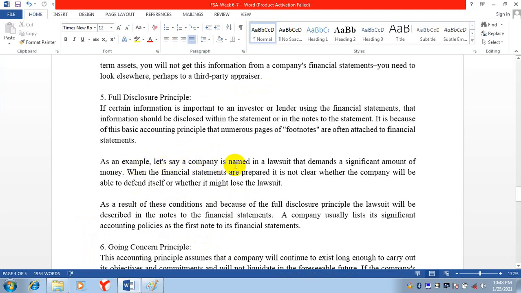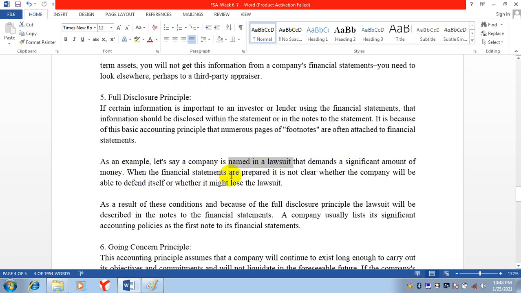Now here is an example. Let's say a company is named in a lawsuit. Suppose there is a case in the court against the company that demands a significant amount of money. When you fight against someone in court, it will cost you.